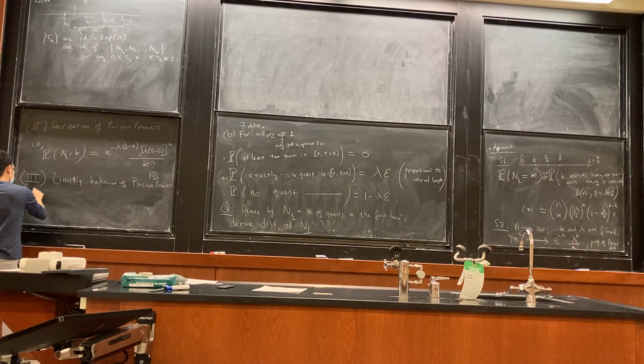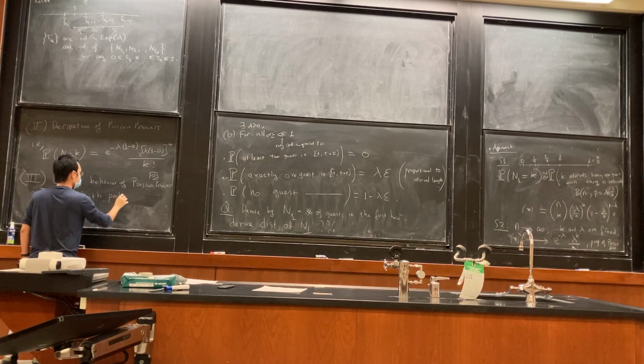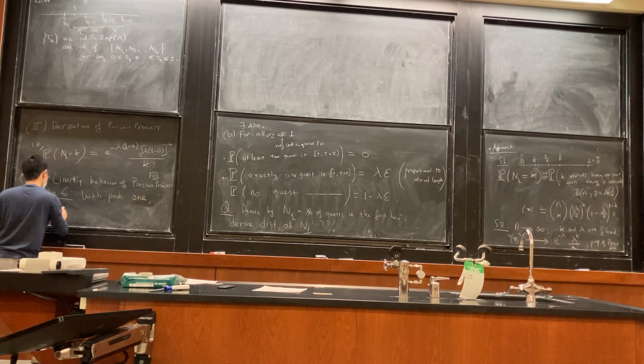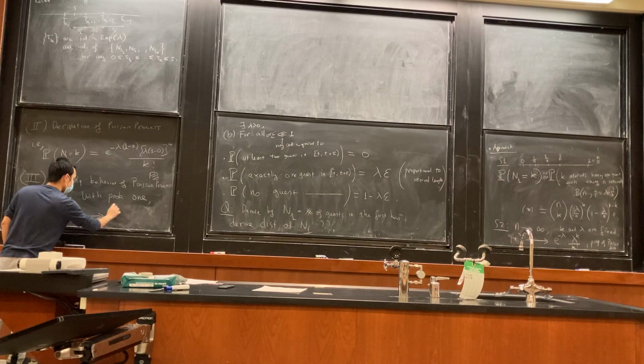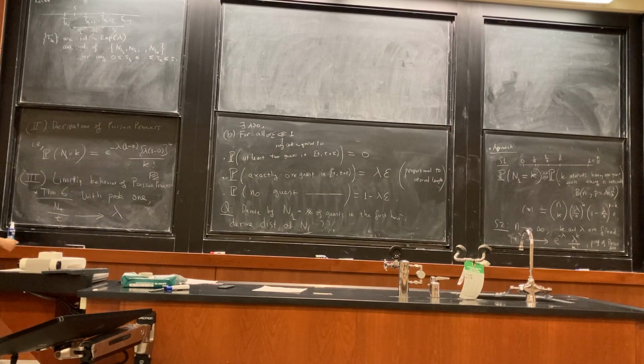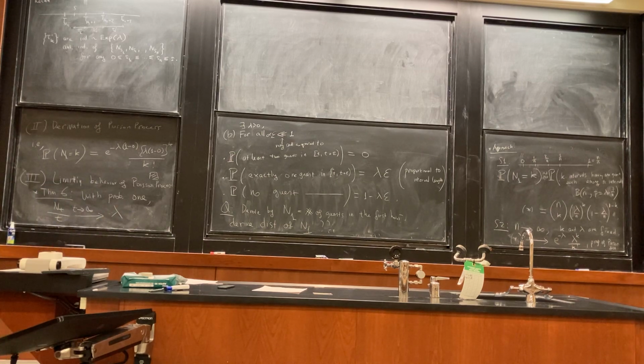So this is a theorem. With probability 1, the following holds: N_t over t will go to lambda as t goes to infinity. So what is the left hand side here?